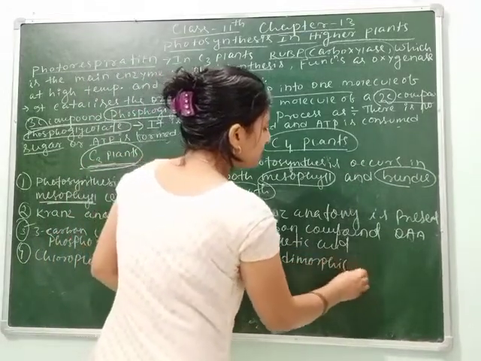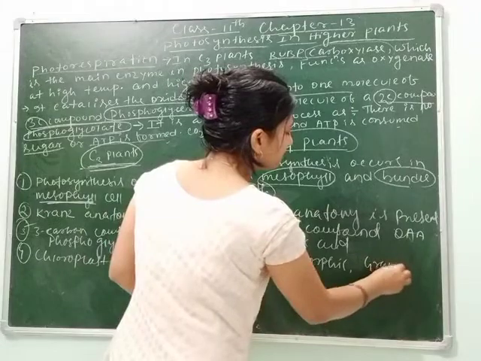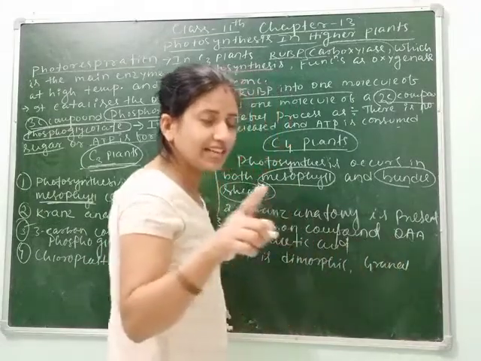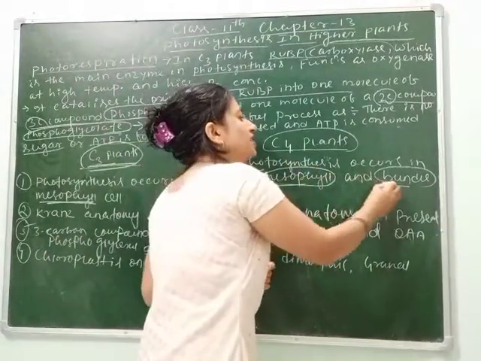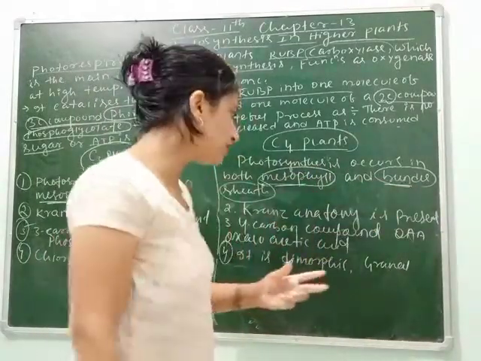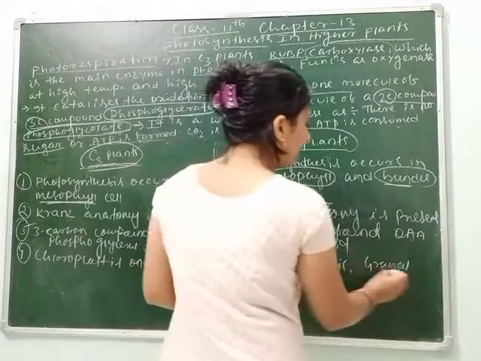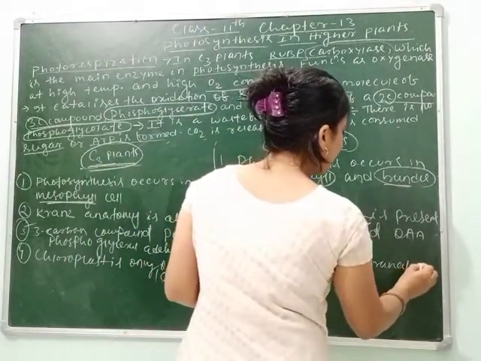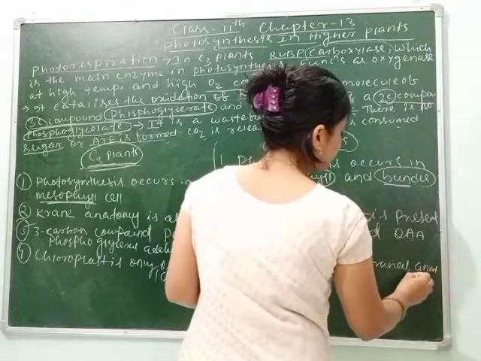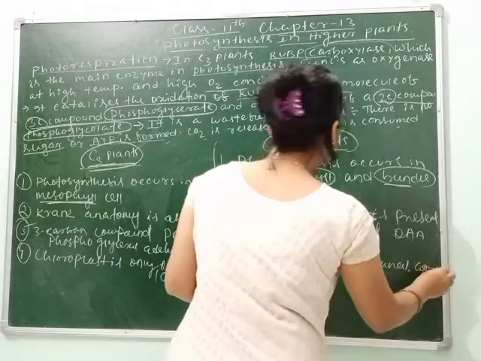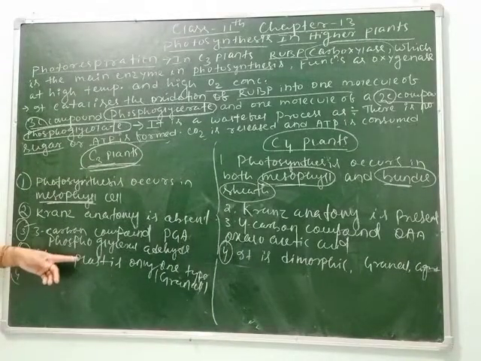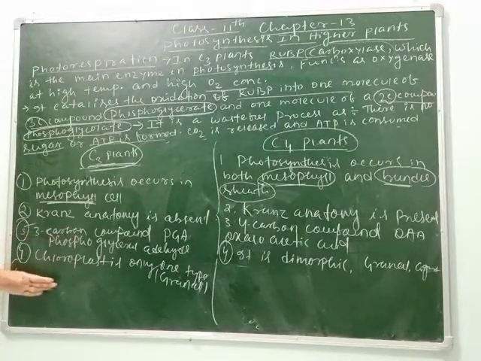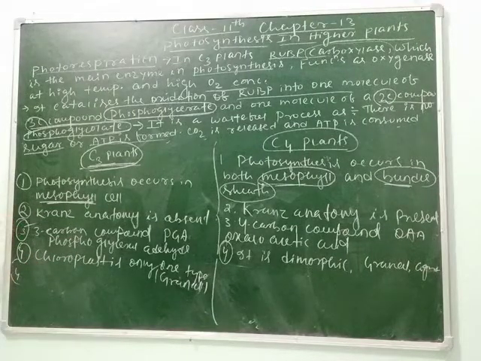Dimorphic means presence of both granal chloroplasts in mesophyll cells and agranal chloroplasts in bundle sheath cells, because in C4 plants both mesophyll and bundle sheath cells are involved in photosynthesis. So what is the next point? Chloroplast is of only one type, granal, whereas here chloroplast is of two types.